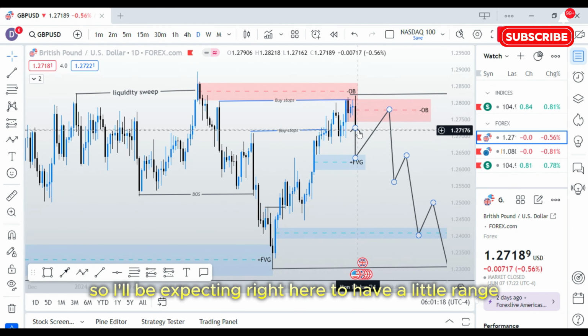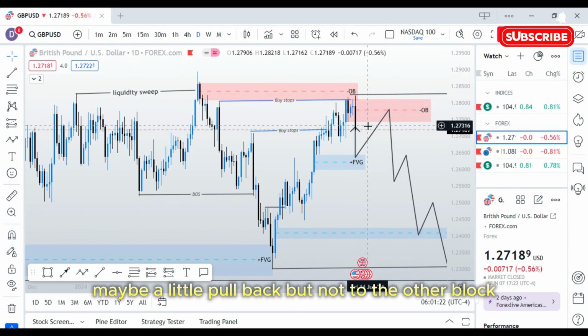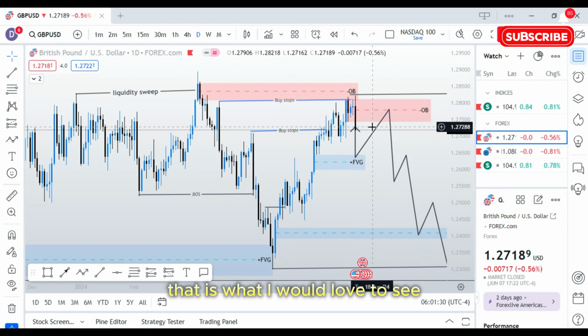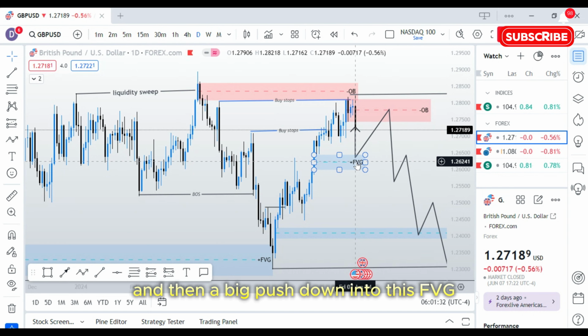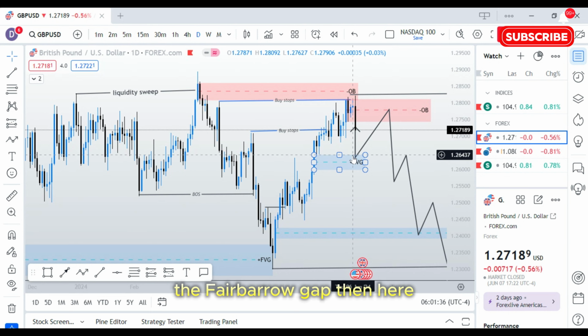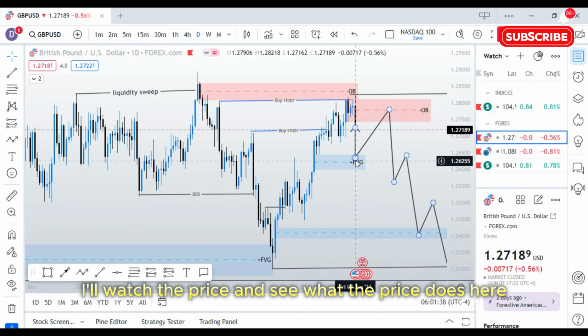So I'll be expecting right here to have a little range, maybe a little pullback, but not to the order block. I do not want it to go to the order block. That is what I would love to see. And then a big push down into this FVG, the fair value gap. Then here I'll watch the price and see what the price does.